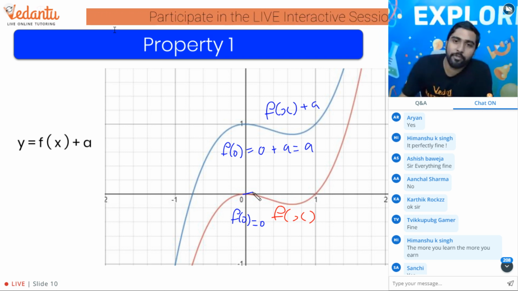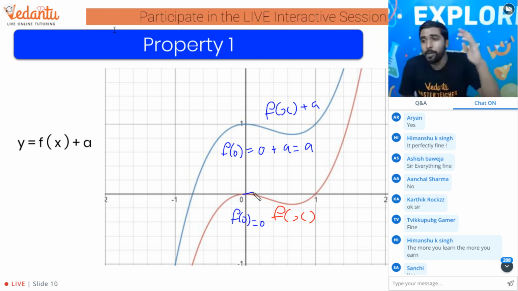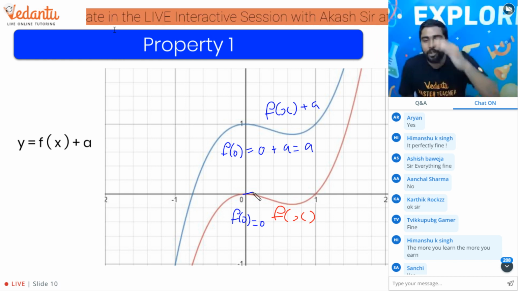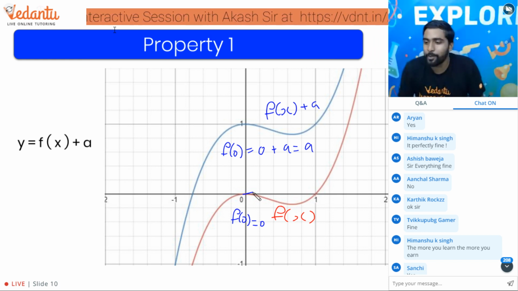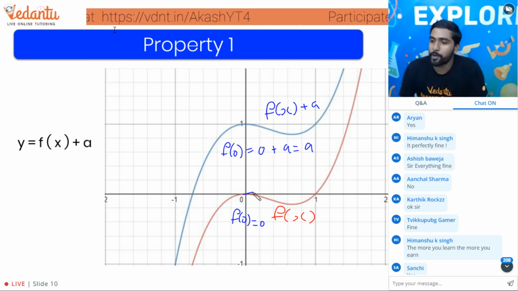And what did you have to check? You had to just check how many points these two graphs are intersecting at. You can have a look at the graph; I have drawn both graphs on the same plane. Yes, these two graphs are intersecting at 4 points.